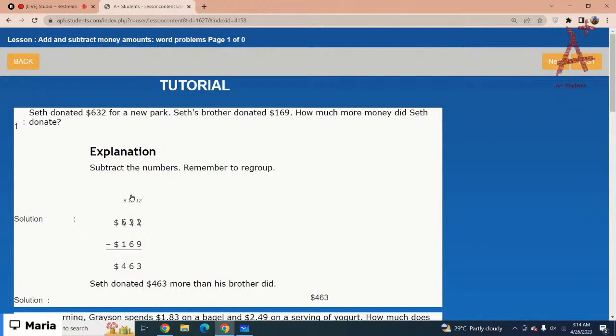You have to subtract money amounts now. Got it? Seth donated $632 and Seth's brother donated 169. You need to see how much more Seth donated than his brother. So you have to subtract 169 from 632. Got it? So it would be then $463.